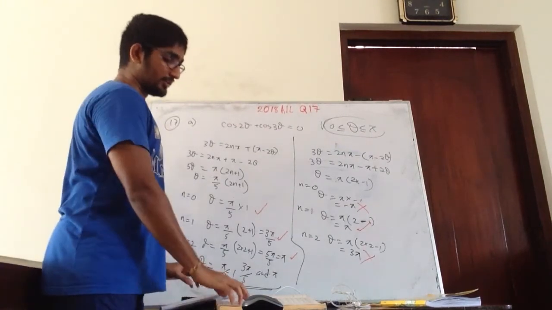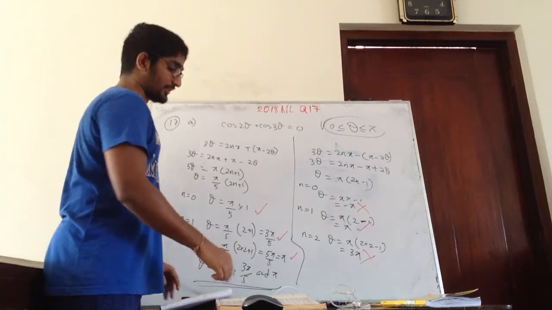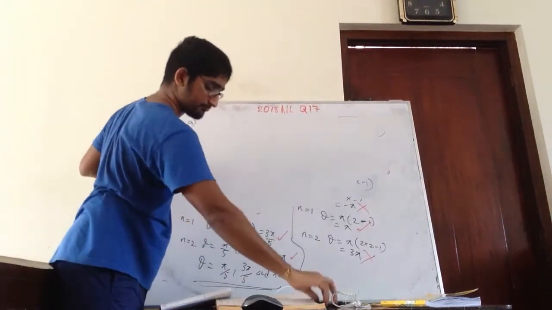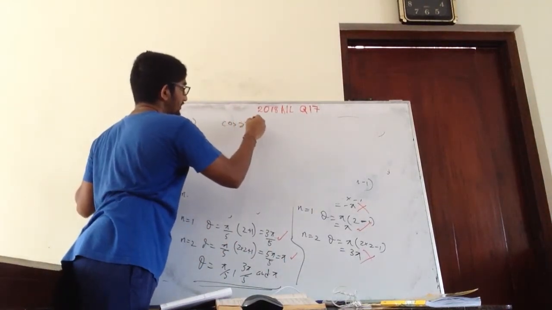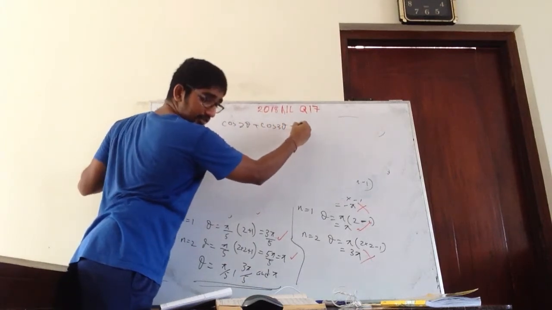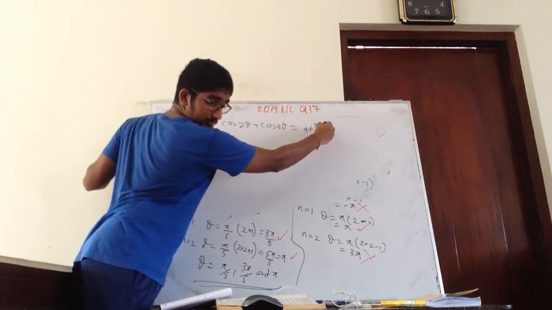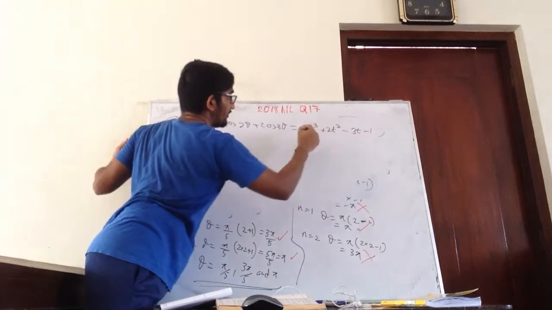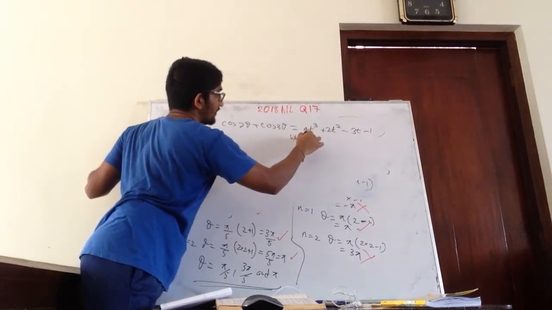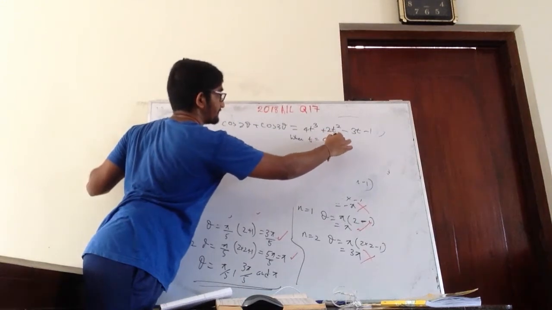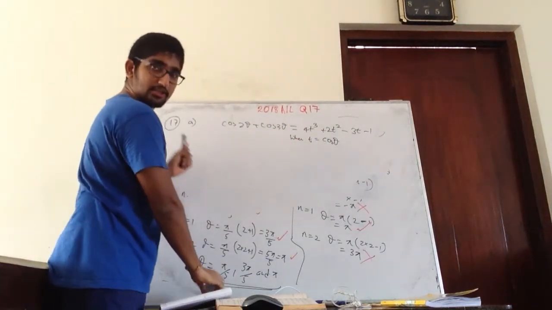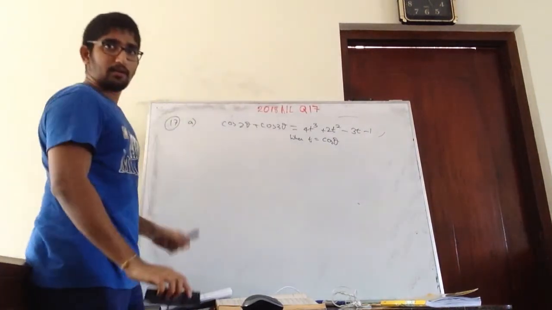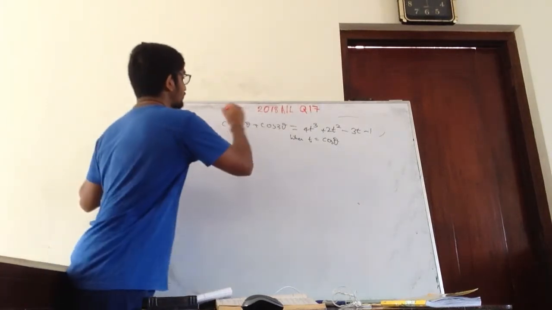Okay, and show that cos 2 theta plus cos 3 theta is 4t cube plus 2t squared minus 3t minus 1, where t is cos theta. So now this is what we need to show.